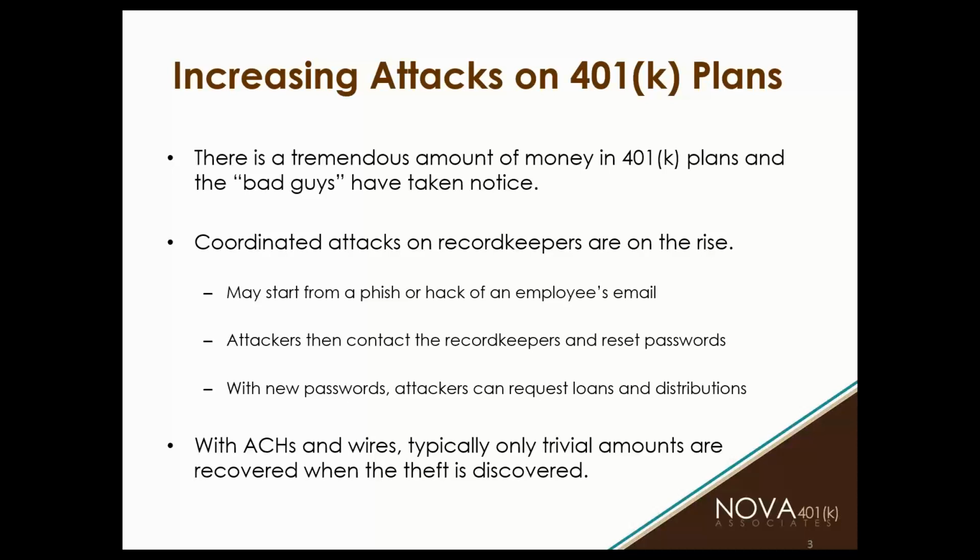They don't have to wait for the check to go in the mail, which means that they have access to the funds more quickly, and they can take the funds and move them to other bank accounts or spend them before the fraud is detected. Whereas with a check, if it's in the mail for a week or even a couple of days, it's more likely that the participant or the plan sponsor notices that something is up and is able to stop that check payment.